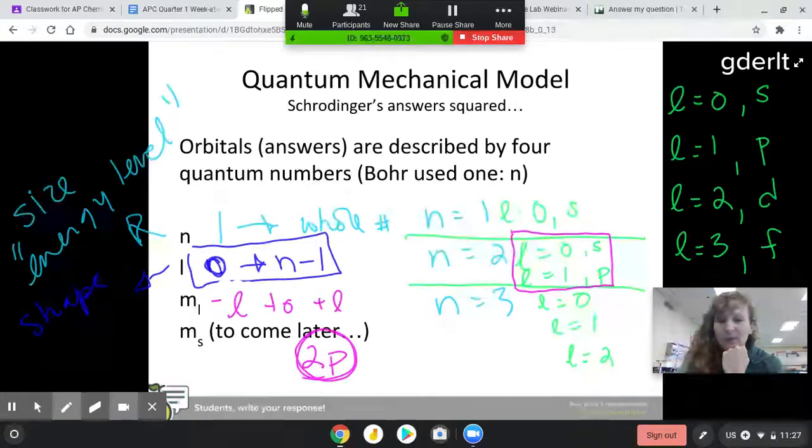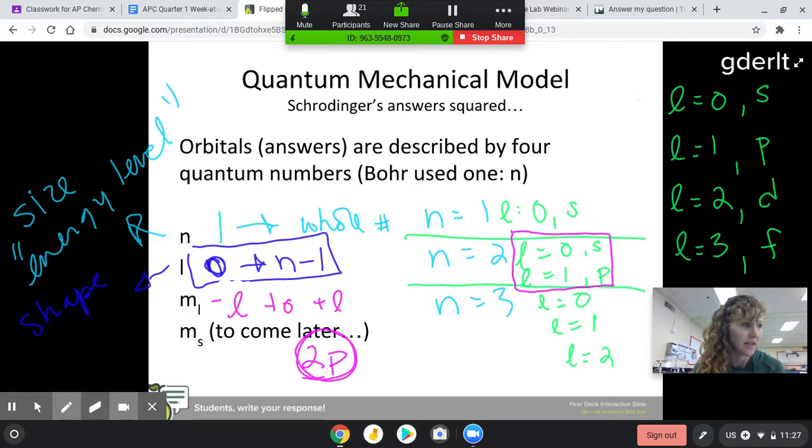Okay, possible M sub L's, possible magnetic quantum numbers for the two suborbitals in the second energy level. So those are the ones boxed in purple. Okay, the people that have typed into Pear Deck, you almost have it completely.